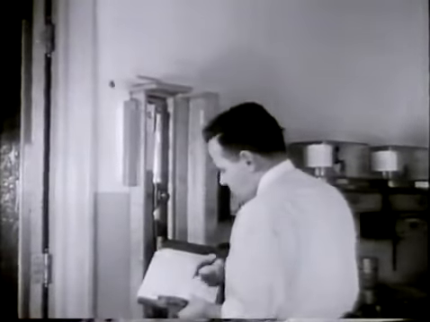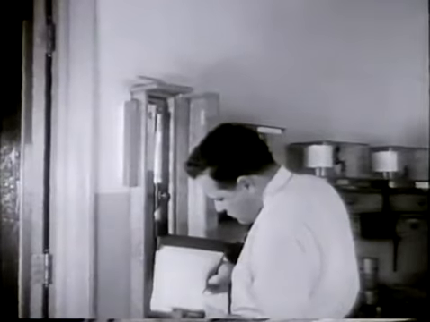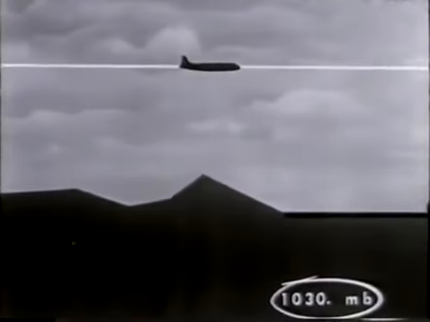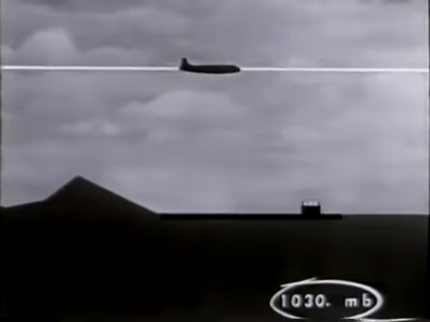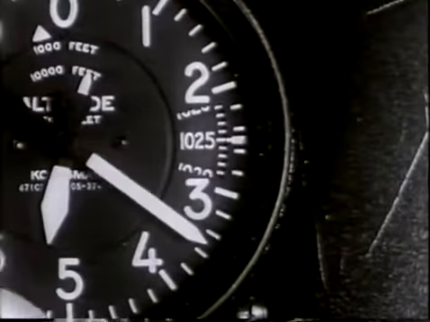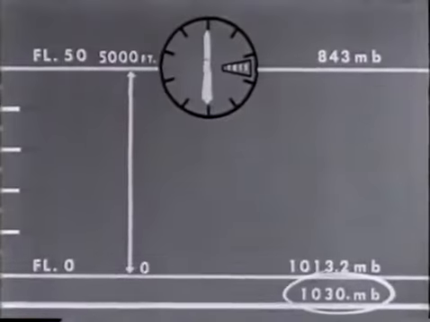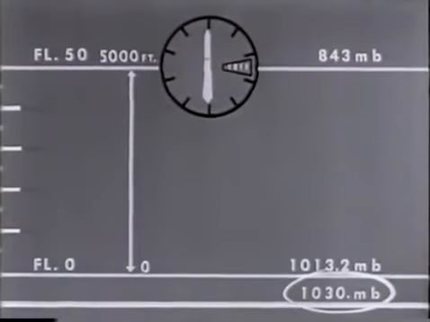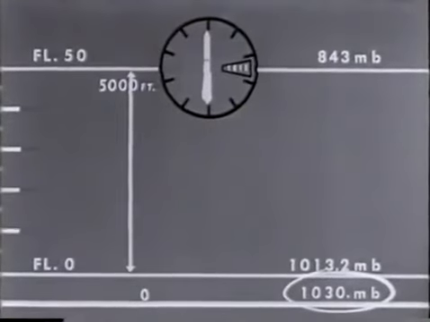This pressure reading is called a QNH. It is radioed back to the pilot, who resets his altimeter to the QNH setting. In doing this, he has dropped the height scale so that 0 corresponds to 1,030 millibars.